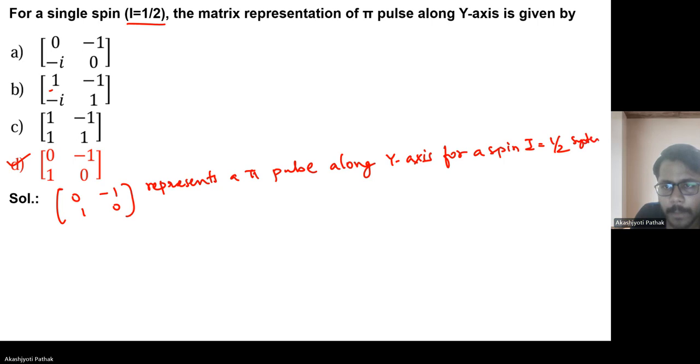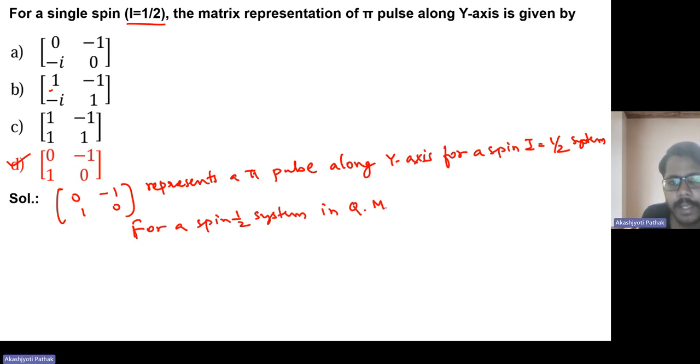If we are considering the spin half system in quantum mechanics, then we can represent it as is the case in NMR, where we have two states.